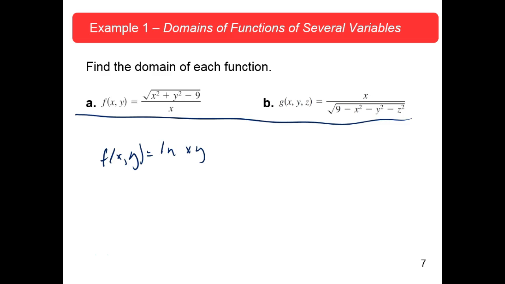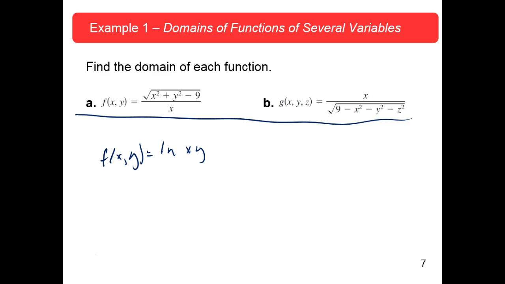But anything between 0 and 1, you get a negative number. The product being greater than 1 gives a positive number. So your log function looks like this. f of xy can go from negative infinity to positive infinity and everything in between, but the x and y cannot. I think that's all they're asking for there.